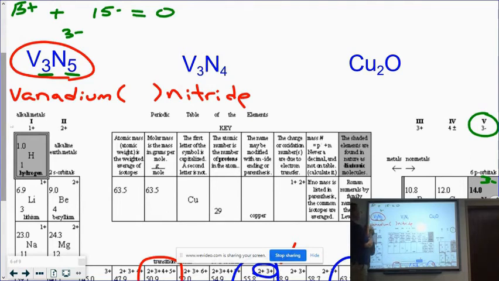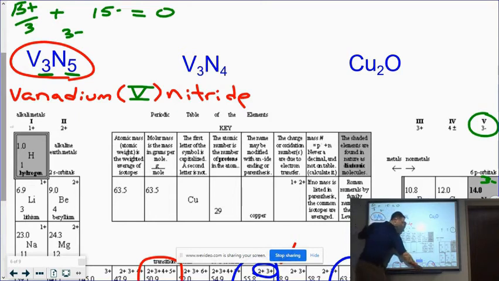So how I look at it is I take this 15, I divide it by 3, and I get the value of each of the vanadiums. And that would be a 5. And if I don't know the Roman numerals, I look on the back of my periodic table and I find them. So if each vanadium has a 5 positive charge, that would give me this 15 positive, which will balance it out and give us a 0 overall.